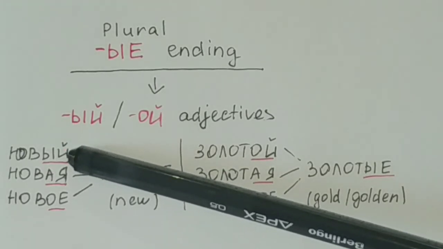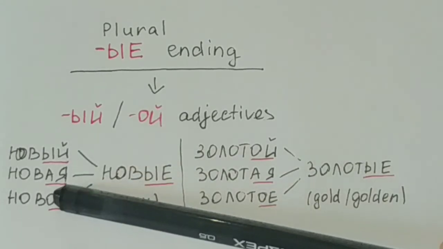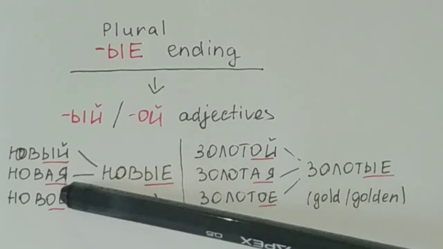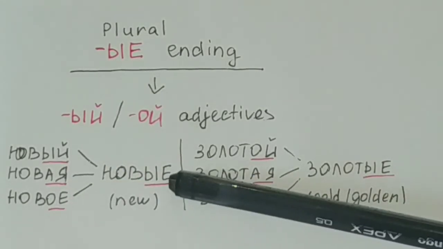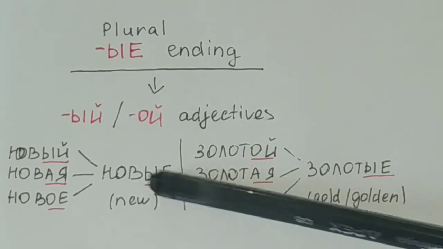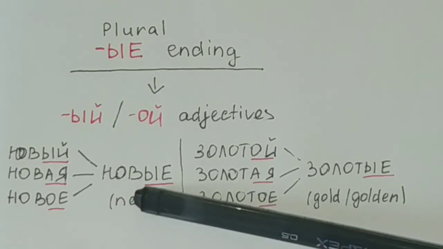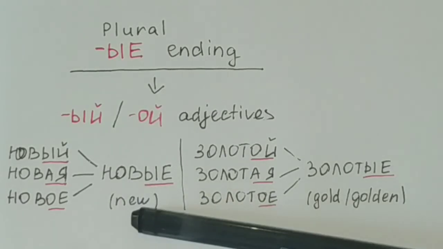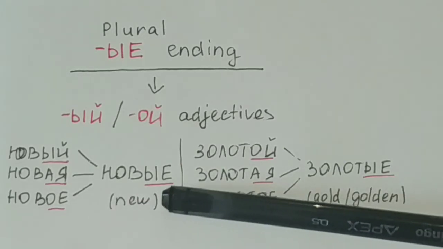You have to establish the ending of the dictionary form of the adjective, and after that you will know that all of the other gender versions of this adjective will form their plural form by changing the ending into ые. So новый, новая, новое, meaning new, will be новые in the plural, also new.